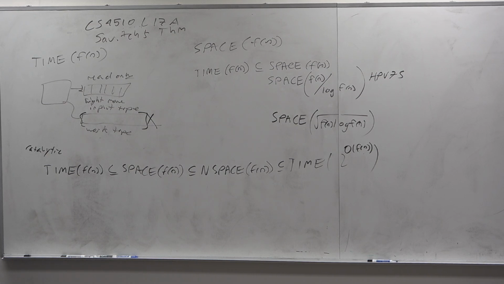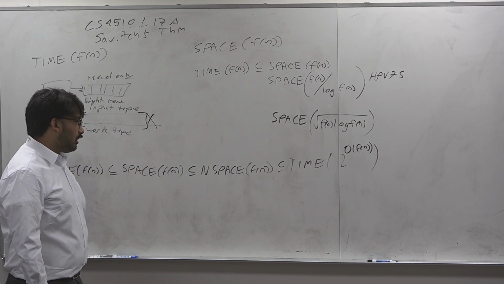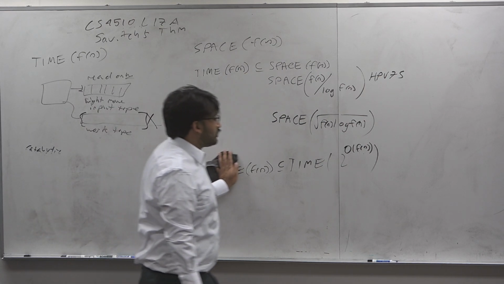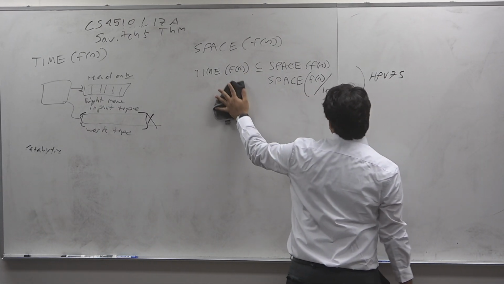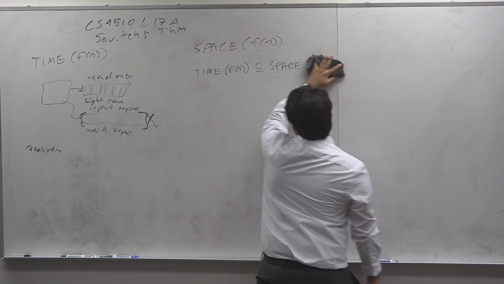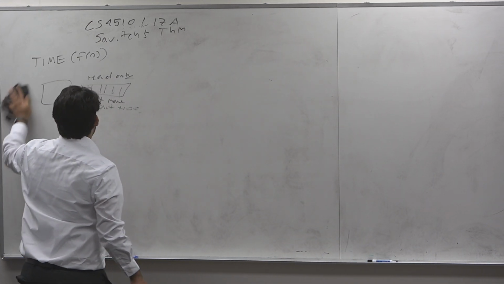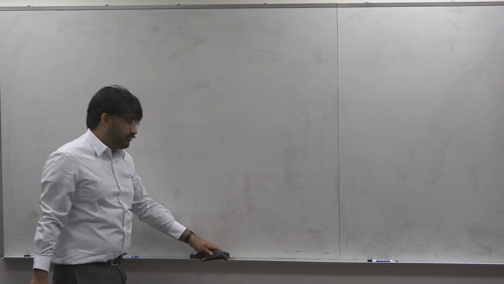Okay, one other thing I want to quickly mention before we get into Savitch's theorem is something called speed-up theorems. One of the reasons we use big O is because of things like the speed-up theorem.